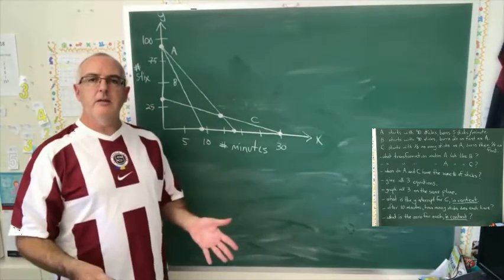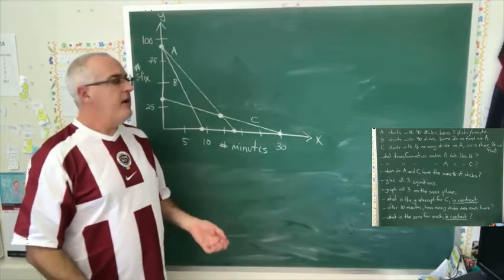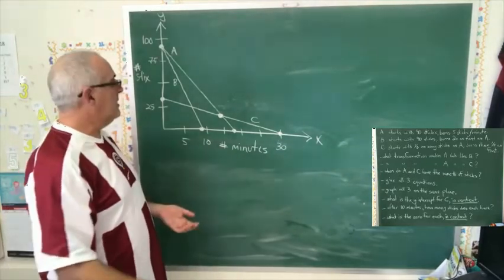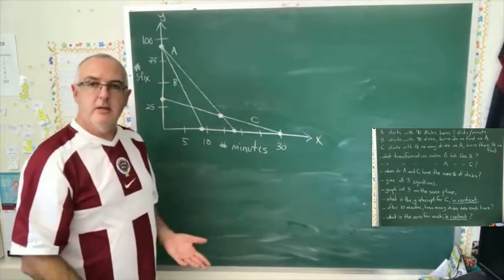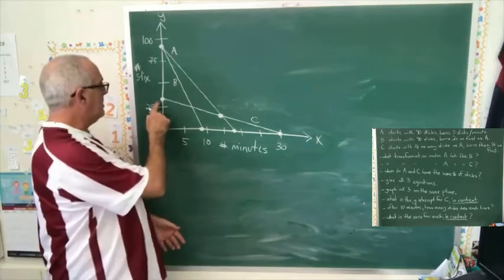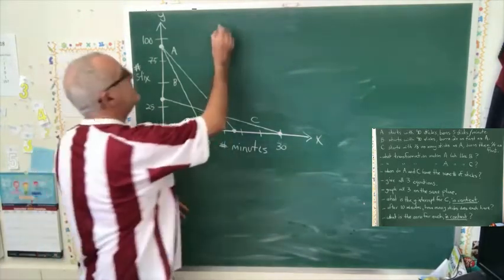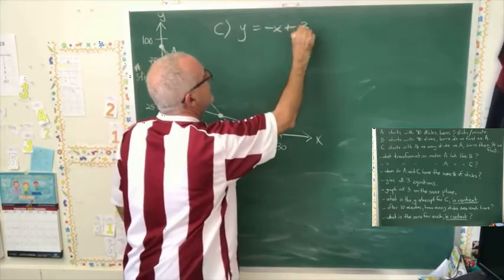Okay, now I'm going to answer the last three questions in our burning sticks situation. One of them is, what is the y-intercept of C in the context of the situation? It's the context of the situation thing that bothers the student. The y-intercept is 30. We figured that out because C's equation is y equals negative x plus 30.